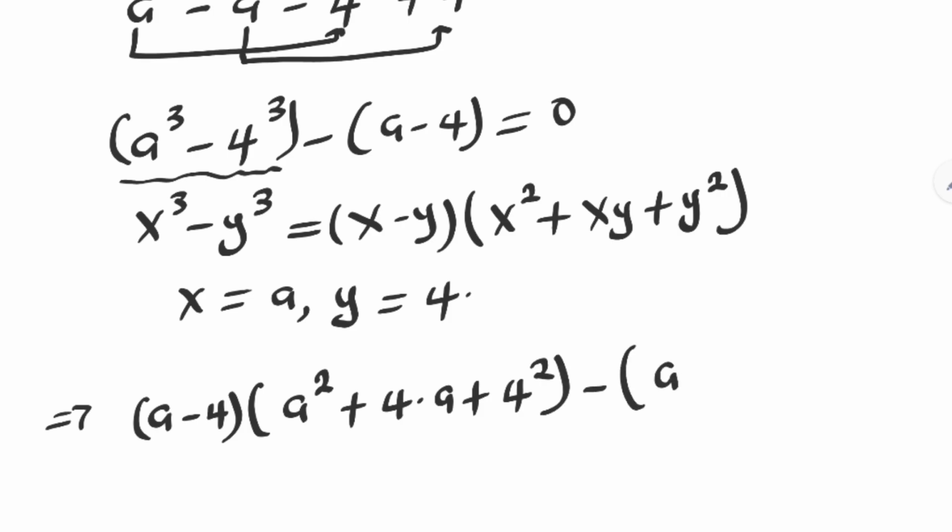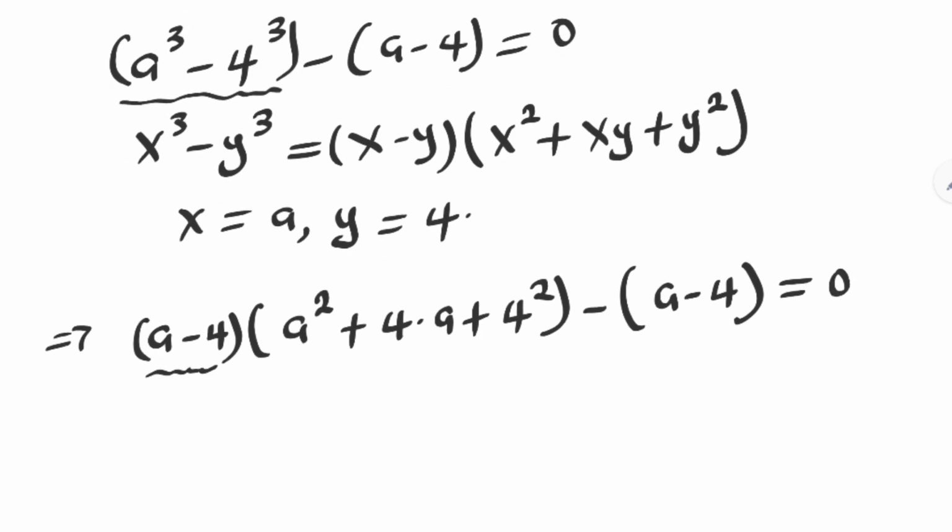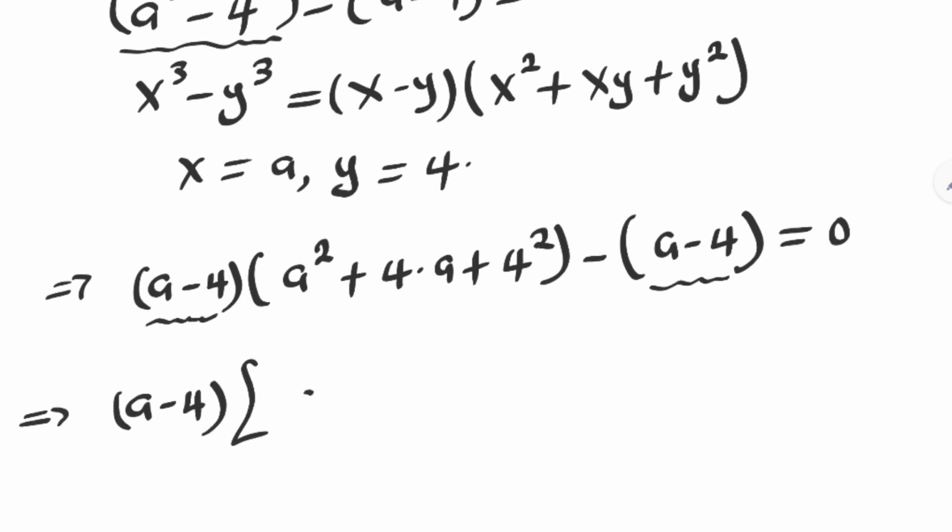minus a minus 4 is equal to 0. Here you can see that a minus 4 is common. Let's factor it out. a minus 4 bracket, here we have a square plus 4 multiplied by a, 4a plus 4 square, that is 16.